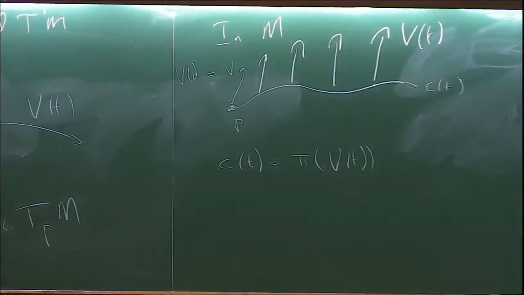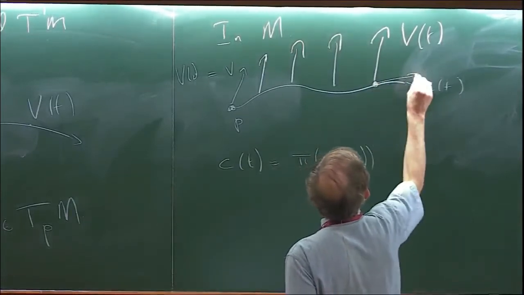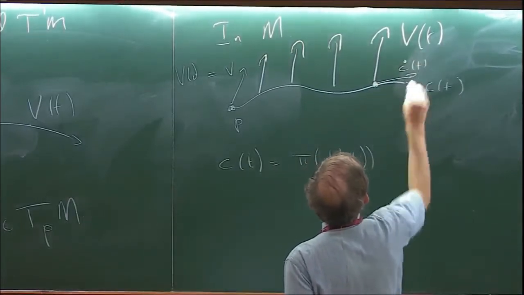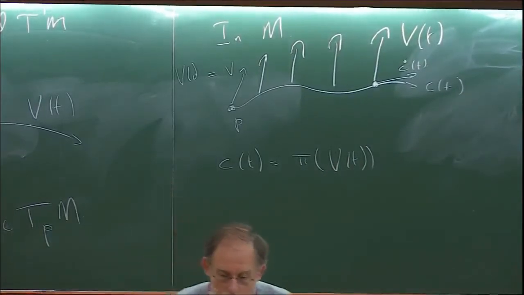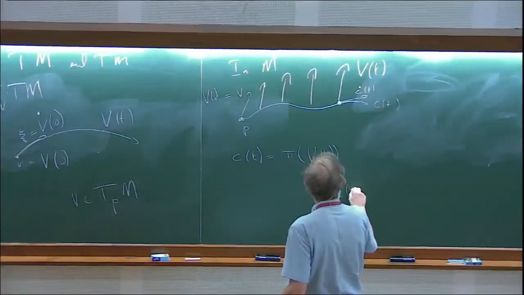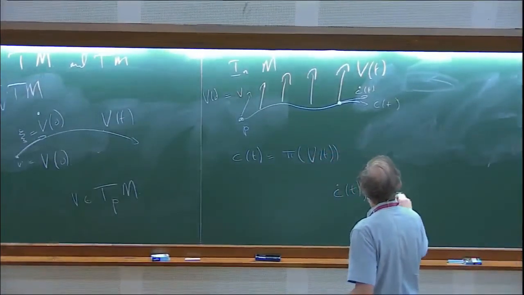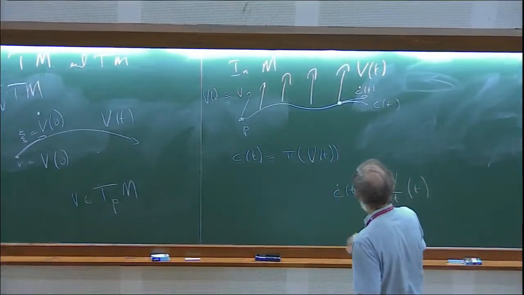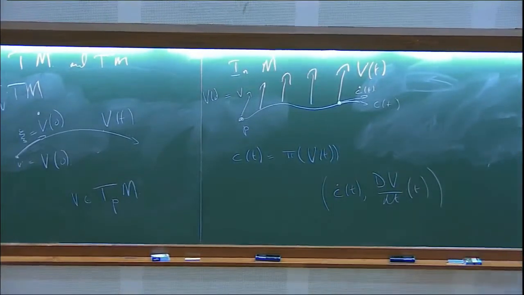And then if you look at this, there are two things I can think about. I can think about the tangent vector to the curve, and maybe in the first week of here you all learned about the covariant derivative. So there's two pieces of data I can write down. I can write down the tangent vector to the curve of foot points, and I can write down the covariant derivative of the vector field along the curve.